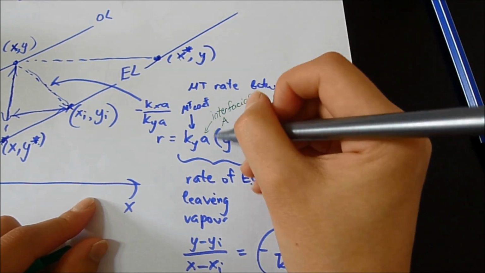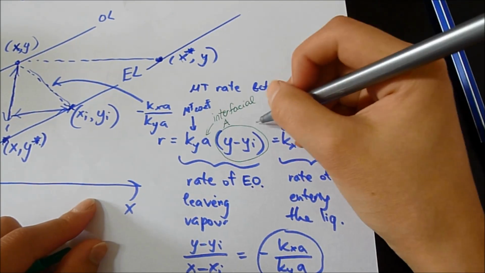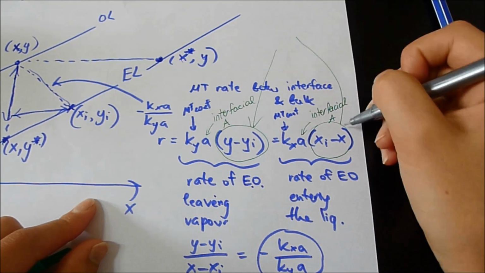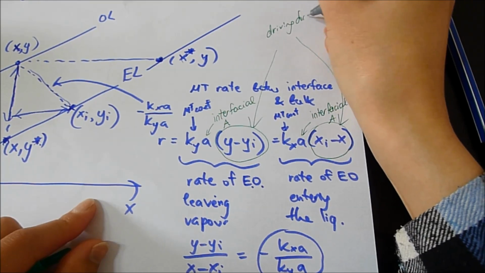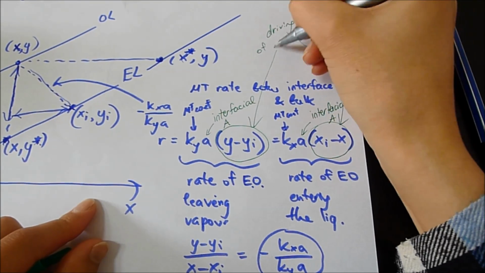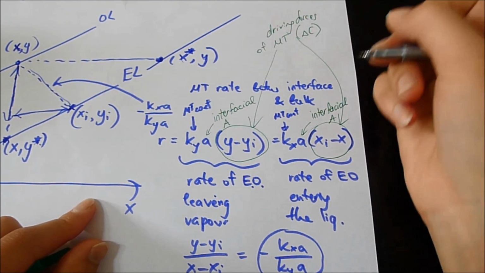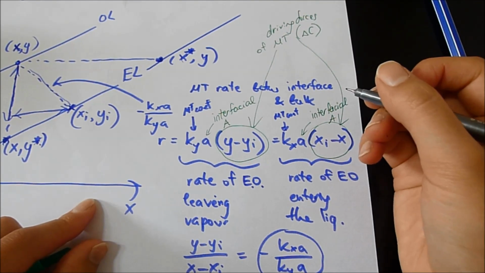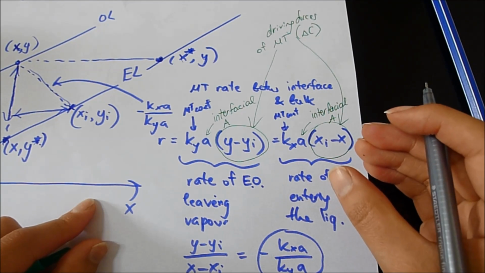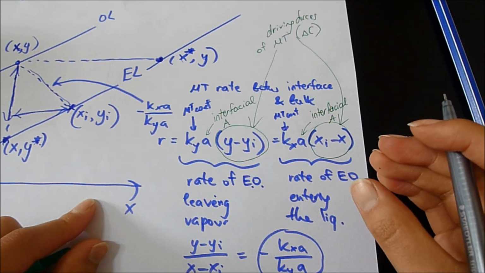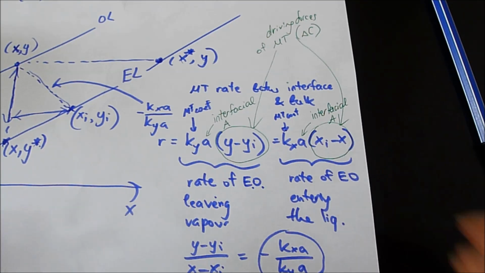And these y minus yi and x minus xi are actually called driving forces of mass transfer. These are the concentration differences. So basically, what is driving the mass transfer is the difference between concentrations. Because the concentrations are different, mass transfer is occurring.